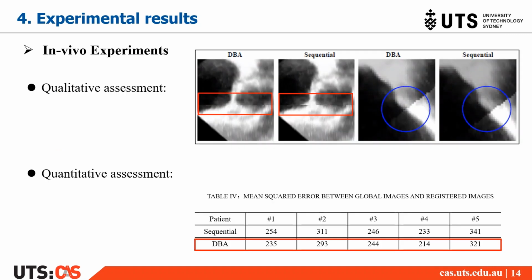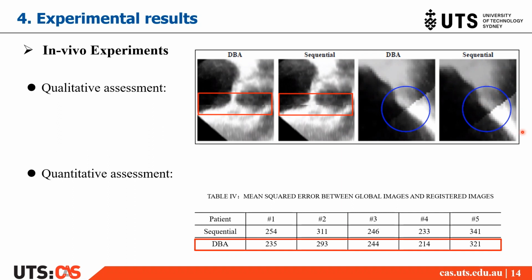To assess the accuracy of the pose estimation, images are aligned with the poses calculated by the DBA method and the sequential method, respectively. 2 examples are shown in the top figure. From the comparison, we can see that the result of DBA has a smooth transition, while the result of the sequential method has apparent misalignment.